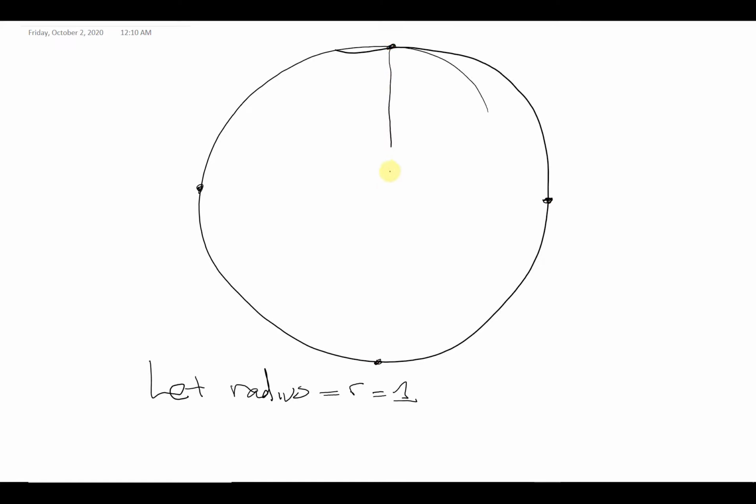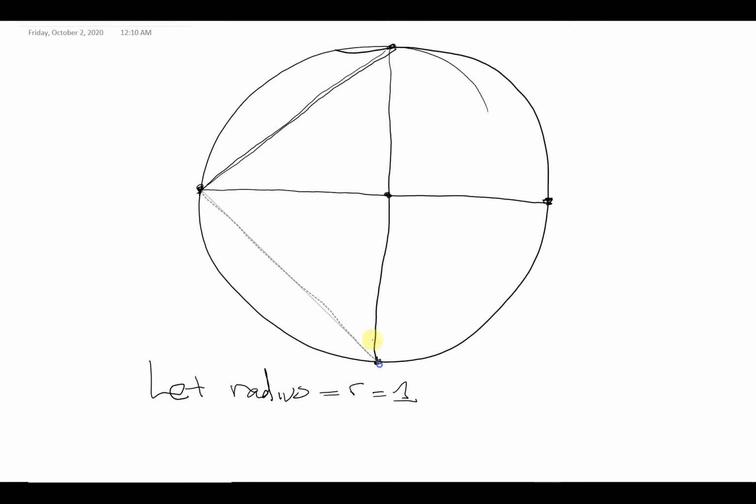So if you construct it into 4 segments, you draw a perpendicular line crossing the midpoint, and you connect each of the outer nodes together. And what you find is you have a square.